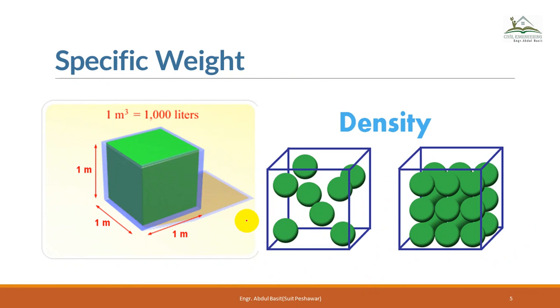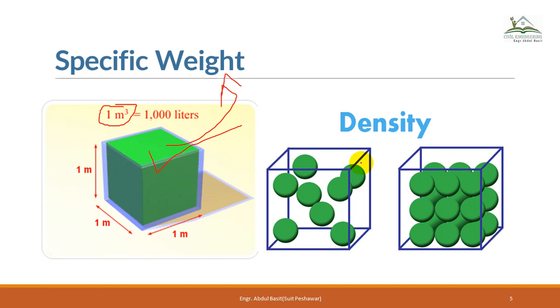Coming to that concept again, we will have this cube for the volume, which is 1 meter, 1 meter, 1 meter. Multiplying all these three, this will be 1 meter cube. If some liquid is filling this whole cube, then the weight of that cube will be equal to the specific weight, because this is unit volume.